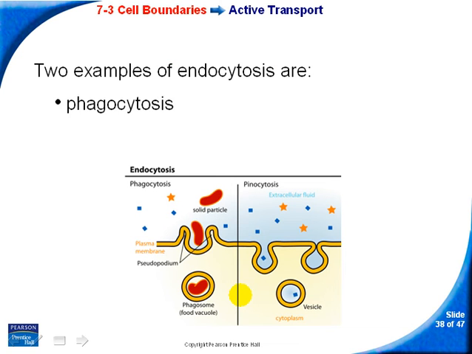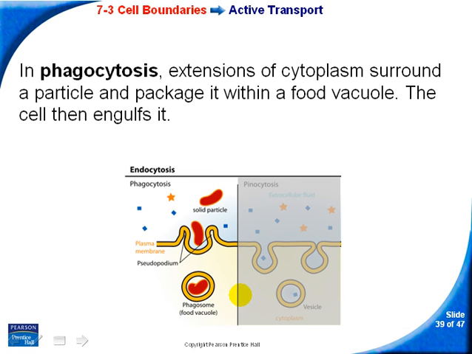Here are two examples: phagocytosis and pinocytosis. In phagocytosis, extensions of the cytoplasm surround a particle and then package the food within a vacuole. Here are those extensions right here. You can see they're like little arms reaching out to pinch this red molecule.